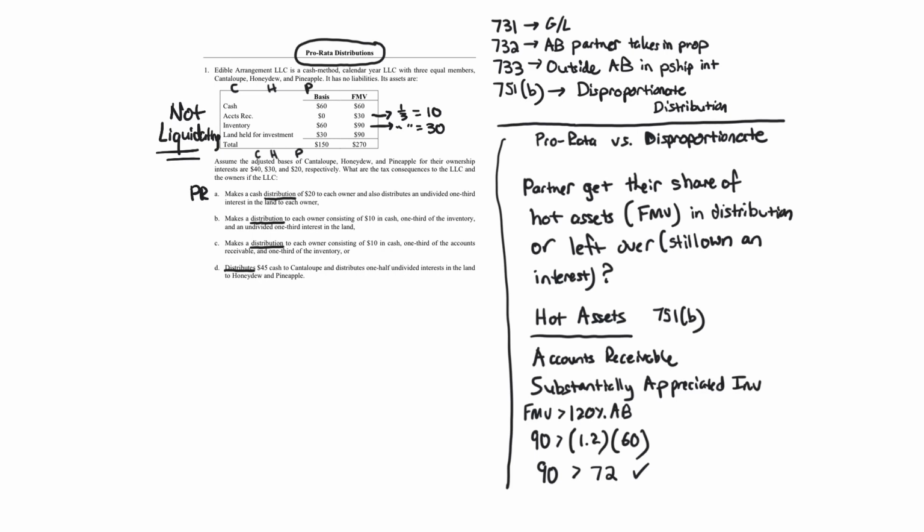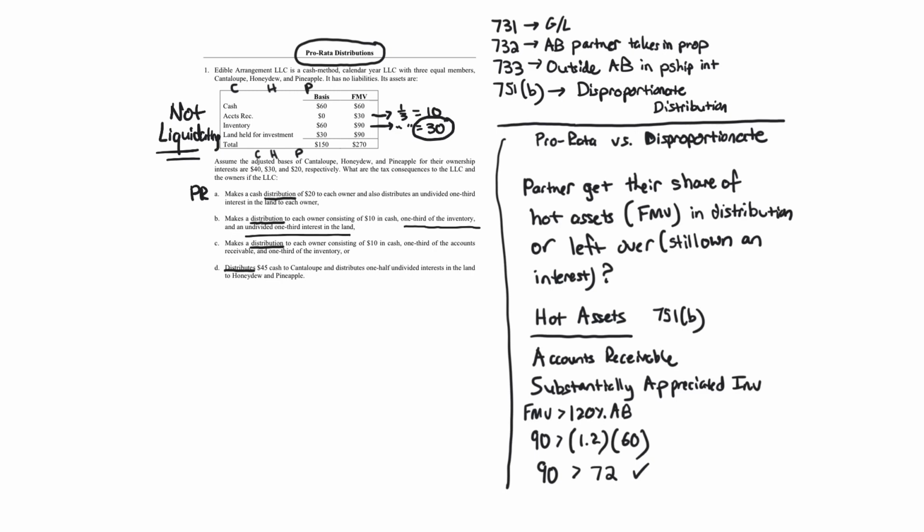And B makes a distribution of $10 in cash, not a hot asset, 1/3 of inventory, and 1/3 of the land. They're receiving 1/3, which is their portion of the inventory. They still own 1/3 of the accounts receivable because they still own that portion of the partnership. So before and after, do they still own the same thing in terms of the hot assets? Yes.